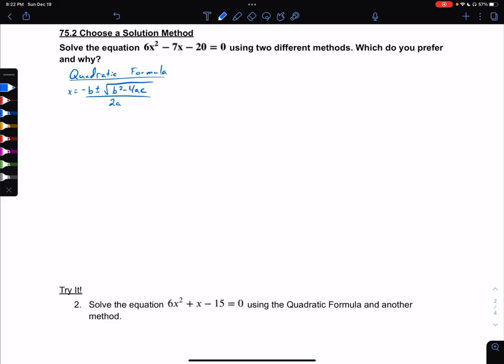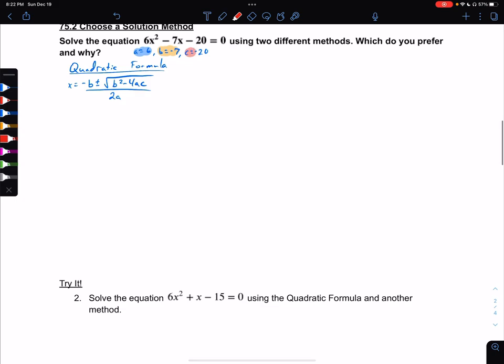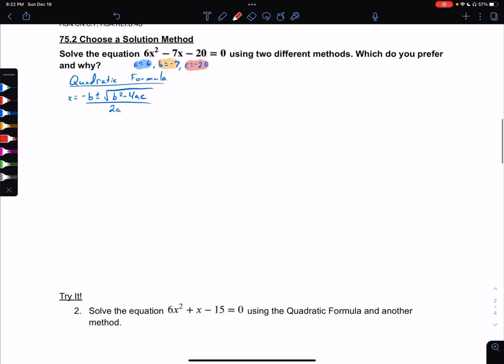And we need to figure out what a, b, and c are. So I'll label them up here. A is equal to 6, b is equal to negative 7, and c is equal to negative 20.